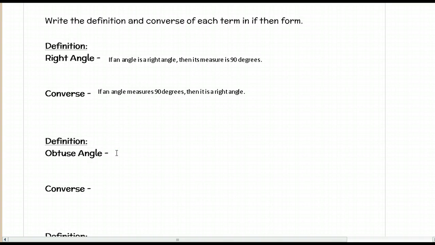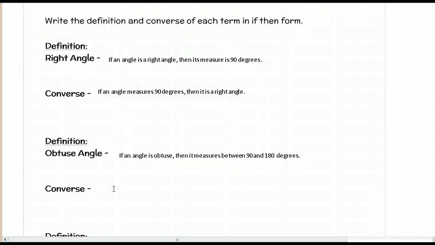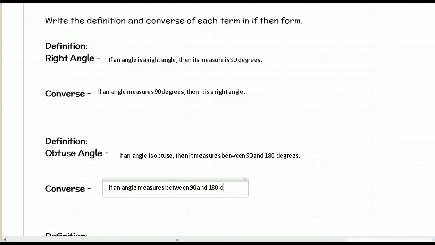If you want to pause the video and see if you can write the definition and the converse for obtuse angle: if an angle is obtuse, then it measures between 90 and 180 degrees. And then the converse: if an angle measures between 90 and 180 degrees, then it is obtuse.